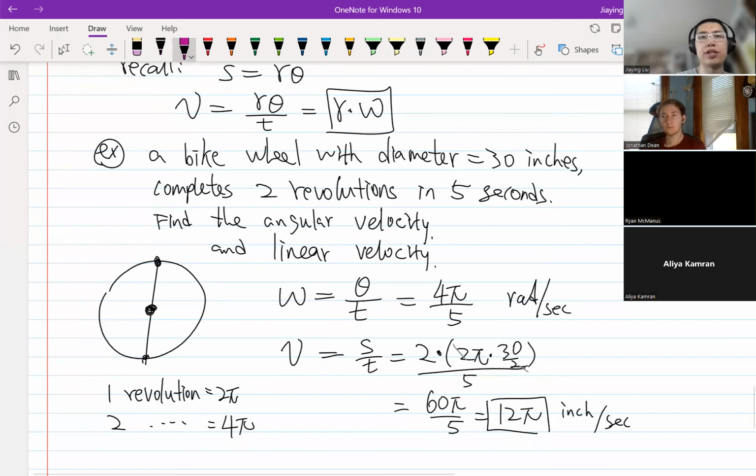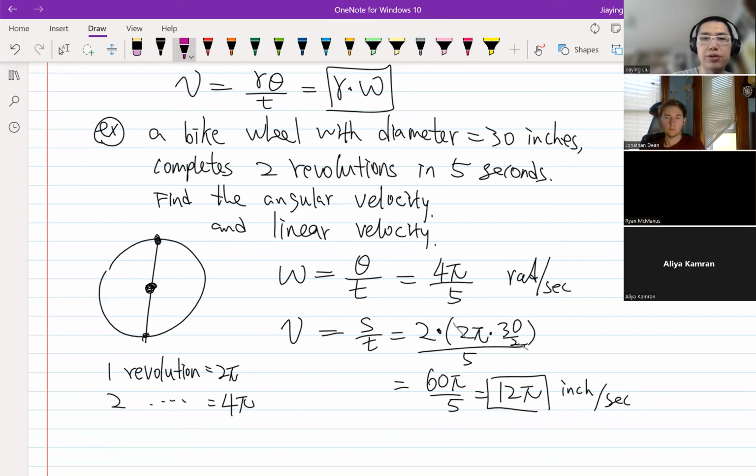Let's just double check using the second formula. The linear velocity is equal to the radius times the angular velocity.